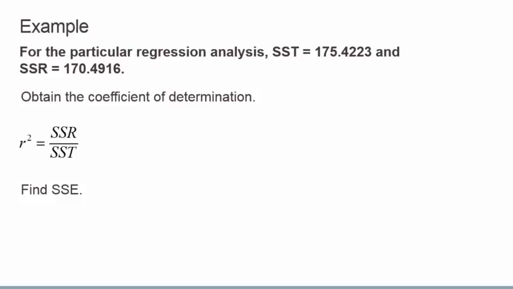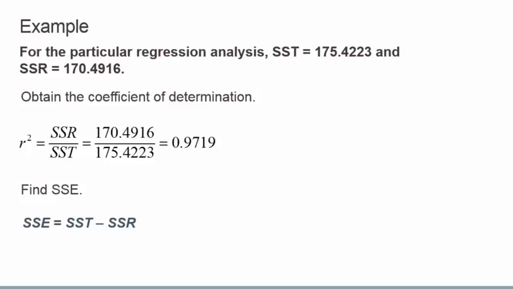So we substitute and have 170.4916 divided by 175.4223. That equals, with 4 decimal places, 0.9719.